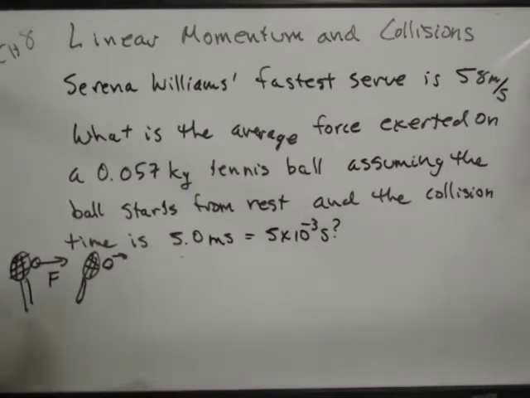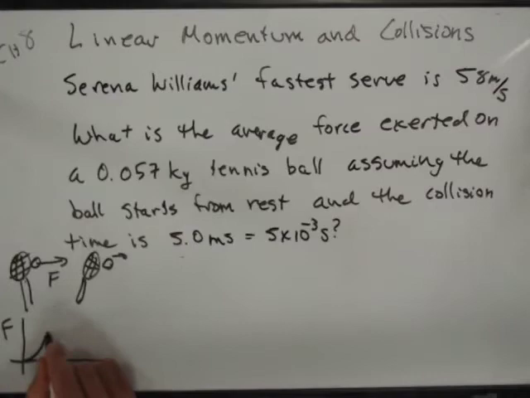And actually the force varies with time. It starts out when it's just barely touching the ball, the force is weaker, and it gets stronger and stronger, and as the ball starts to leave, it gets weaker and weaker. So if you wanted to look at the force versus time during those 5 milliseconds, the force would probably look something like this.